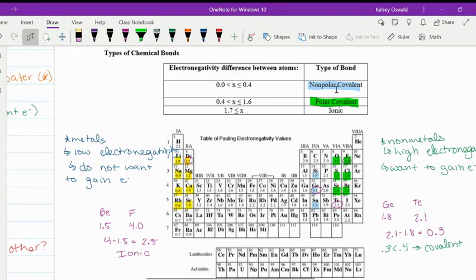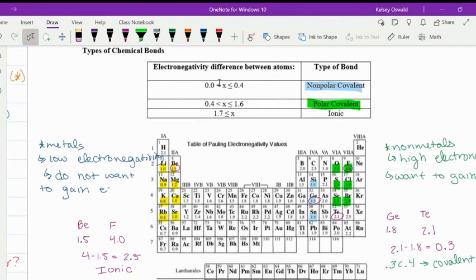So if we look at nonpolar covalent, we are going to see that there is a much smaller difference between their electronegativity. Okay? So if there's a smaller difference, that means they want those electrons relatively the same. Okay, they have about the same pull. So nonpolar covalent, they're sharing the electrons and they have an equal pull on those electrons. Okay, they both want to gain them equally. So in that case, we're going to share those electrons pretty much right in the middle.